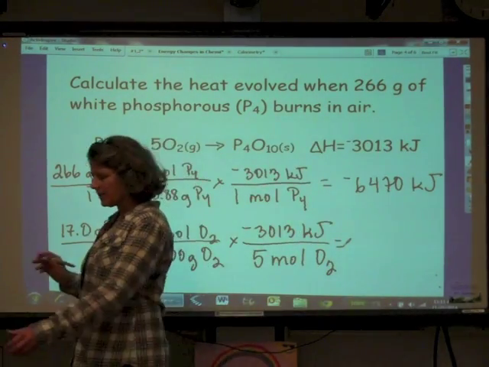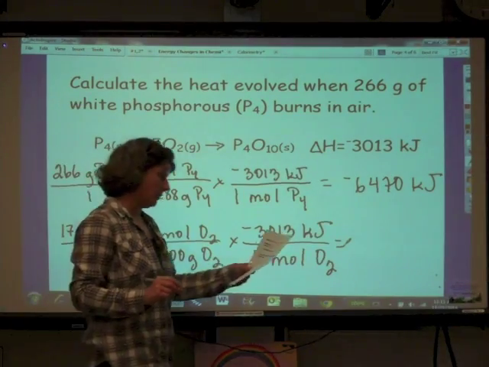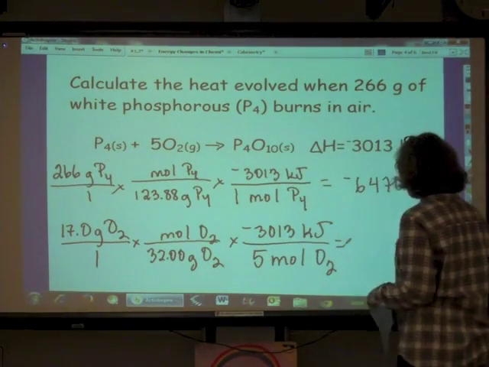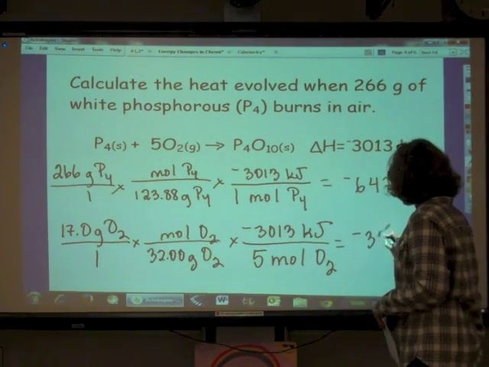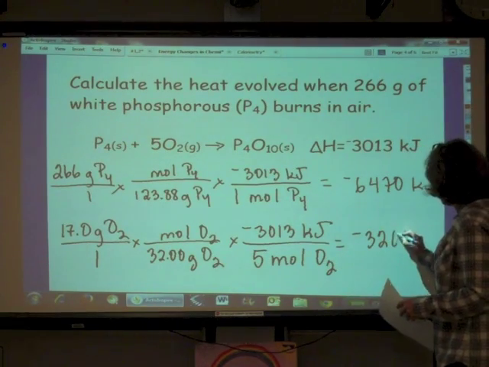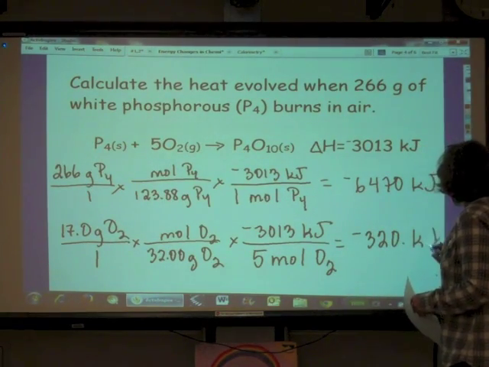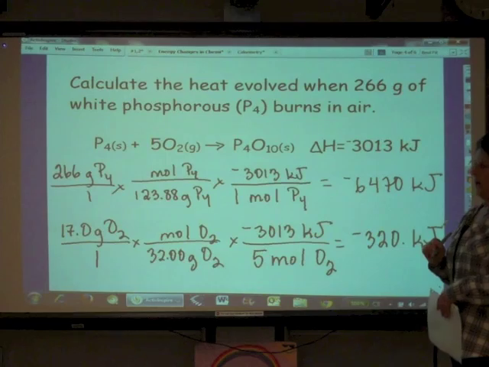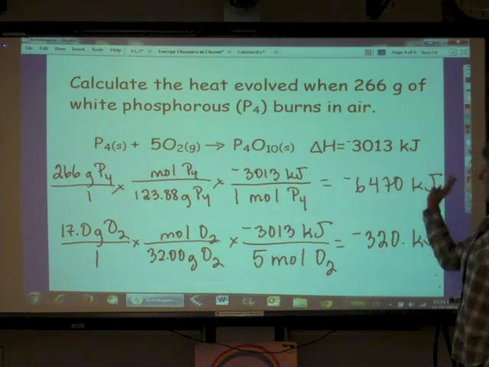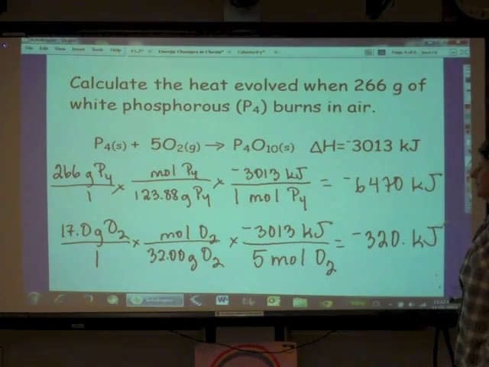So the mathematics here, you guys, is really pretty straightforward. Nothing difficult about it. Negative 320 kJ. Okay, so the math, again, is easy.